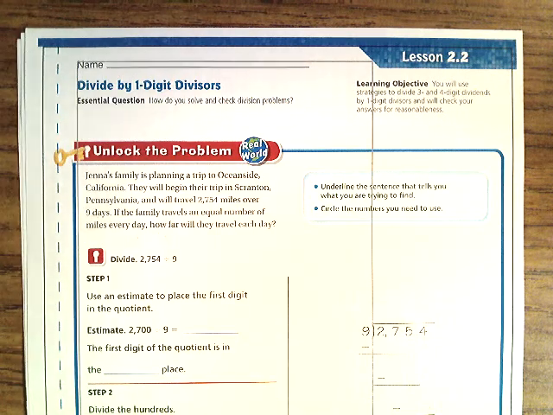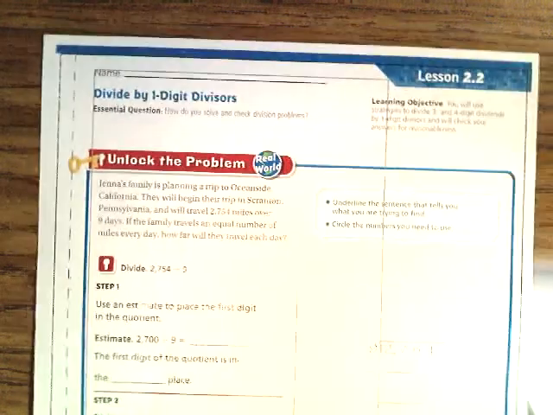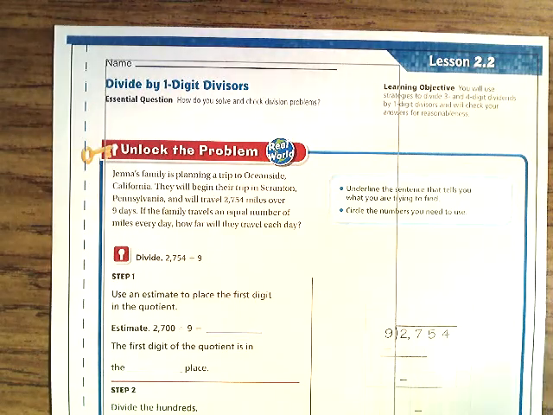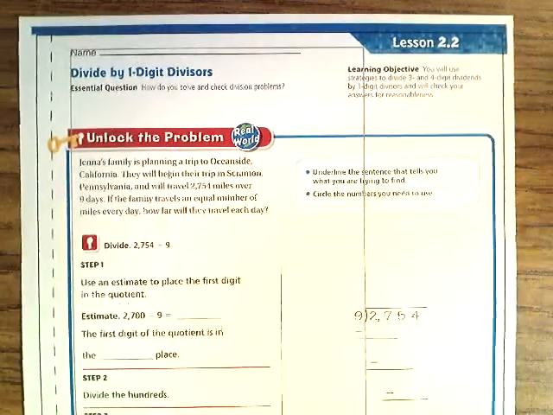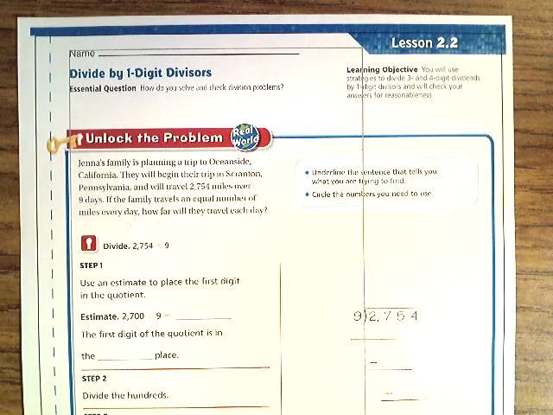All right, so we're going to hop right into page 93, and I'm going to move these other pages out of the way for just a second. So we're going to start on page 93 at the top. And I want to talk about a few things today that are going to help you throughout learning division, okay?